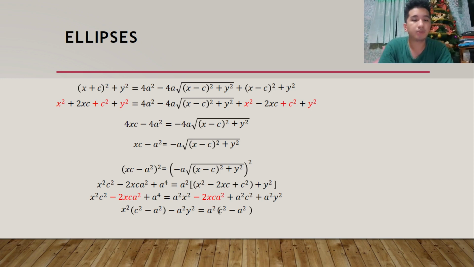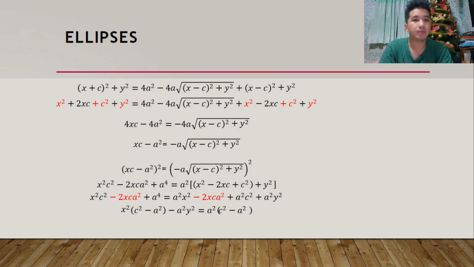(x plus c) squared plus y squared equals 4a squared minus 4a times the square root of (x minus c) squared plus y squared, plus (x minus c) squared plus y squared.